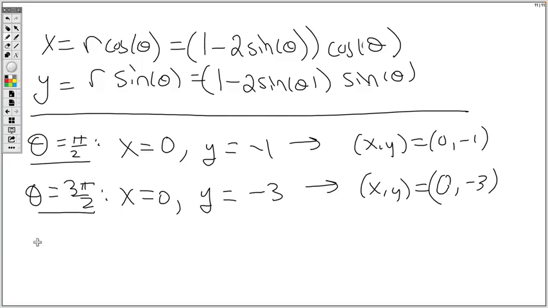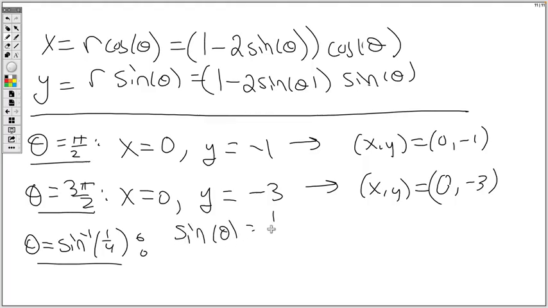Now let's look at these other two. We got theta is the inverse sine of a quarter. Well, the good news is we know that the sine is a quarter. The bad news is we don't know off the top of our head what the cosine is, but we can find it.